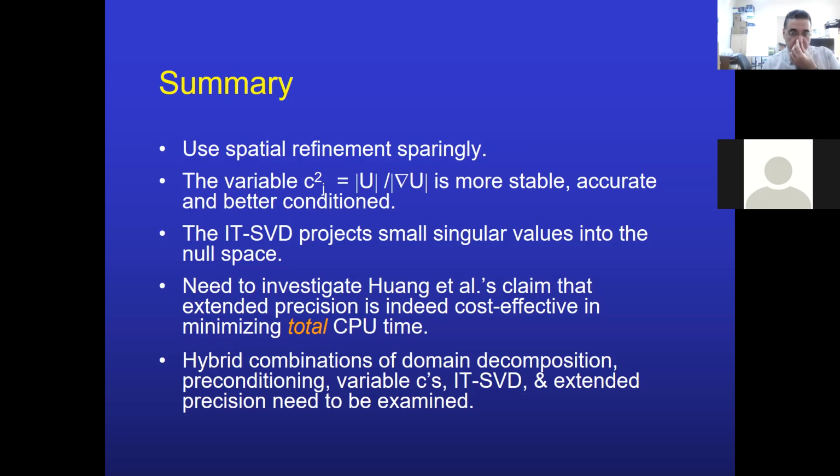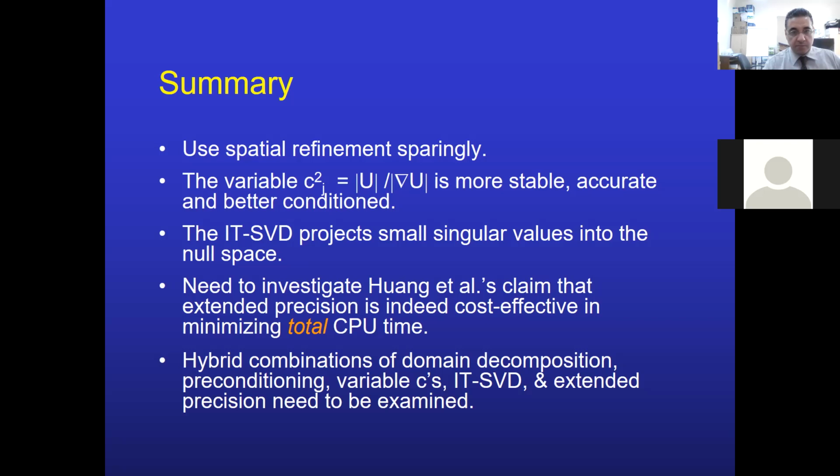And when you use singular value decomposition, it means you have small singular values into the null space. Anyway, you can show that when you use higher precision, quadratic precision, it is cost effective in reducing the total CPU time. So domain decomposition, preconditioning, and extended precision need to be examined.